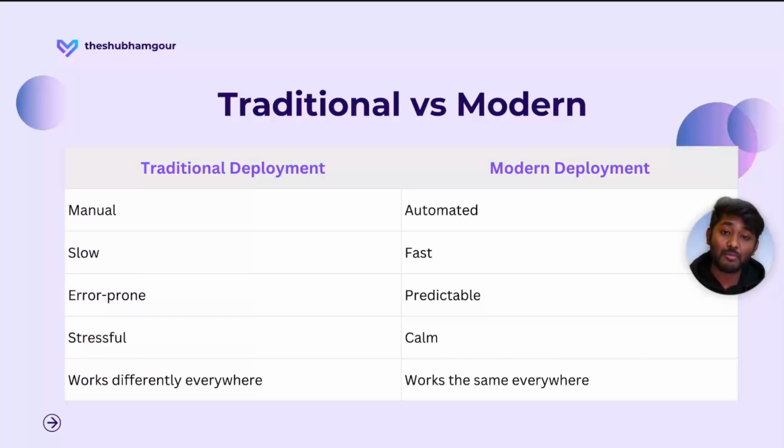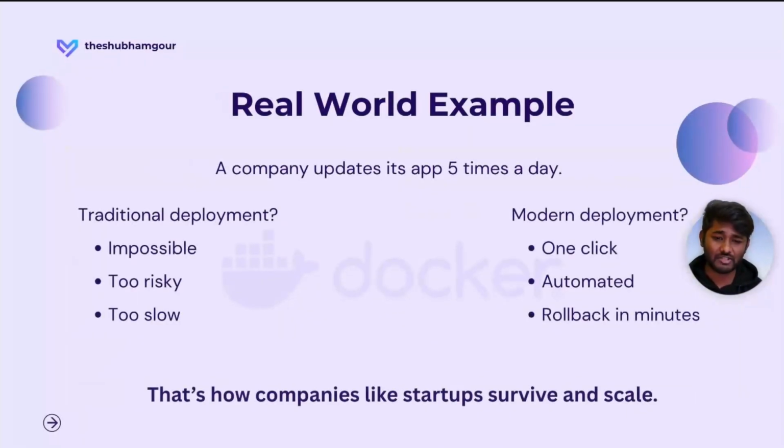In traditional deployment, there were chances of error, but in modern deployment, the errors are predictable. Traditional deployment used to be stressful because it took a very long time, but in modern deployment, we just relax and let the machine do its work. Traditional deployment used to behave differently on different environments, but modern deployment works the same everywhere. That was the difference between both of them.